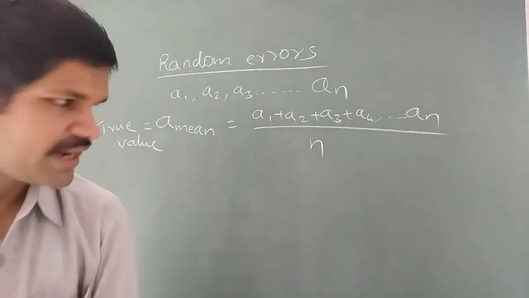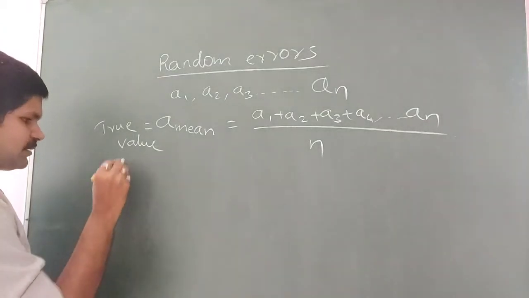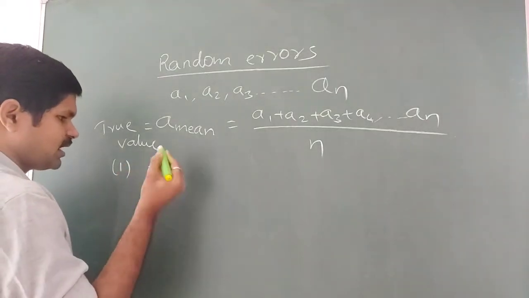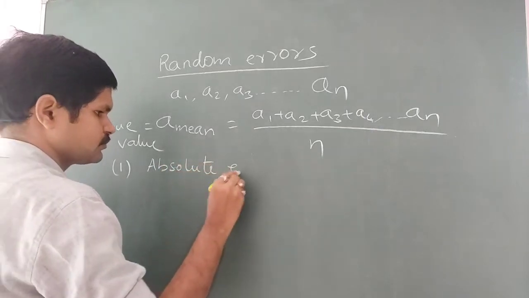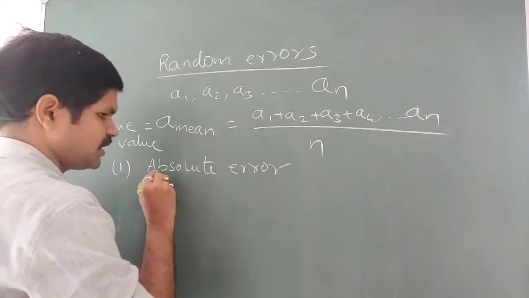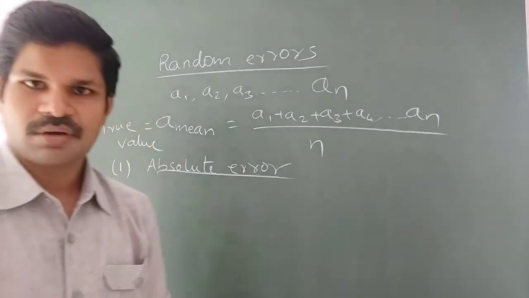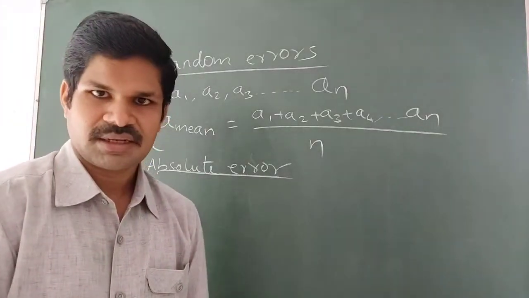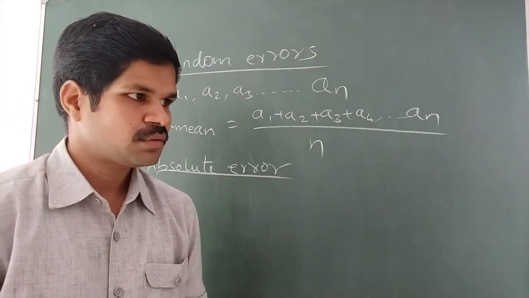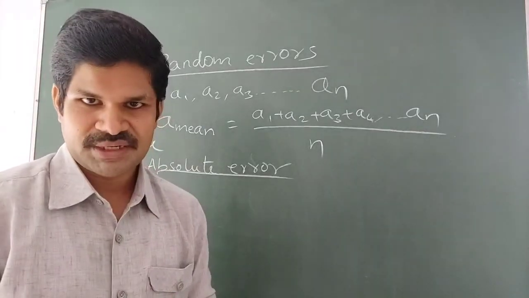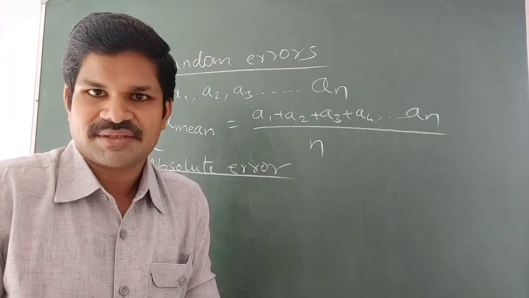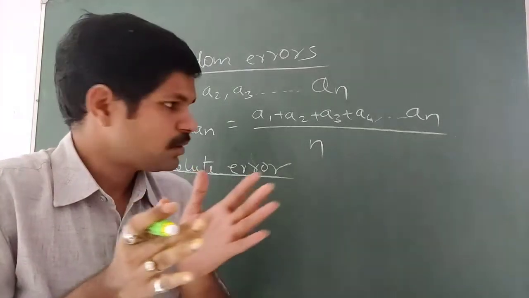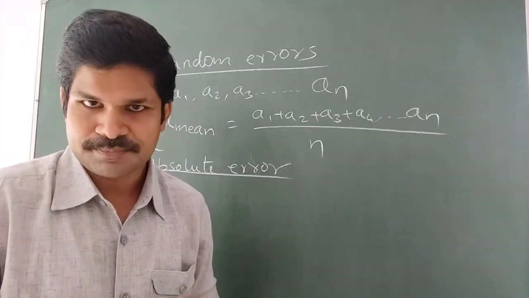After getting this, what was the first type of error? It is absolute error. This absolute error is not related to the total experiment, but to each and every observation in that particular experiment.